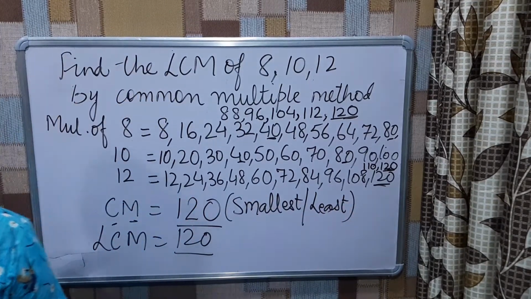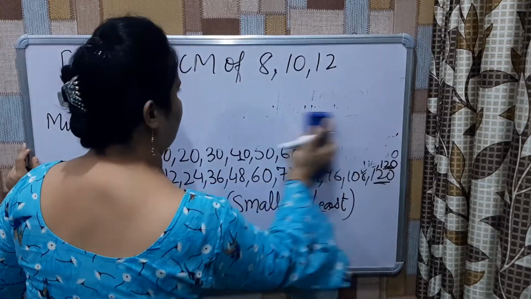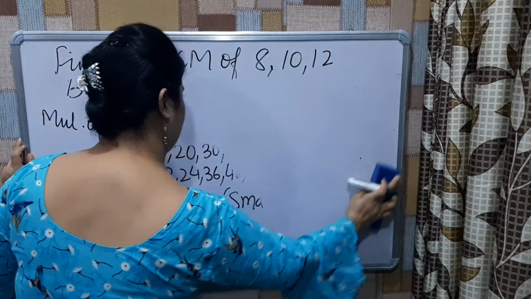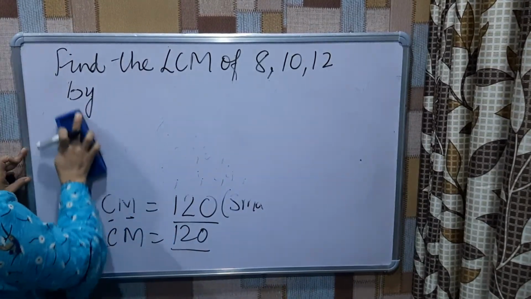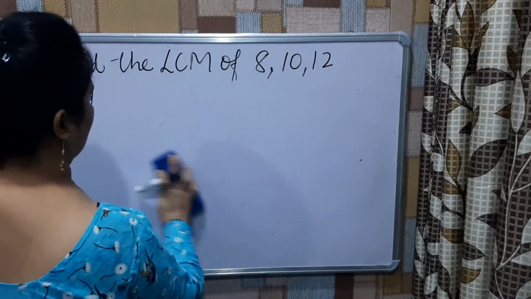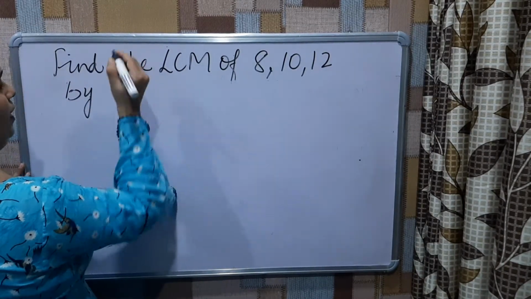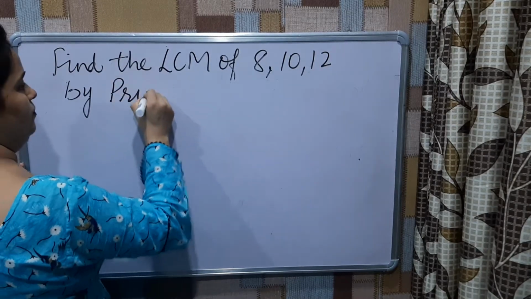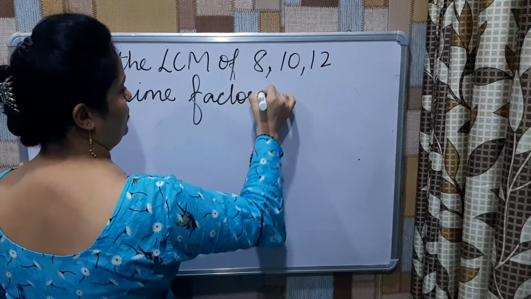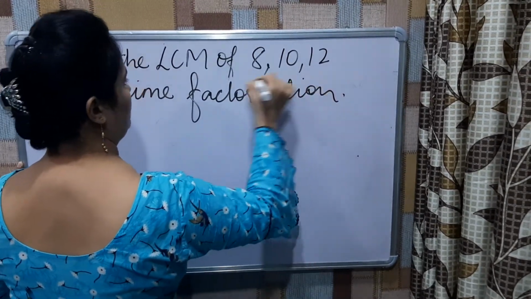Now let us discuss the second method, that is how to find out the LCM by prime factorization method. You did prime factorization earlier also when you had to find out the HCF. Now let's try to understand.